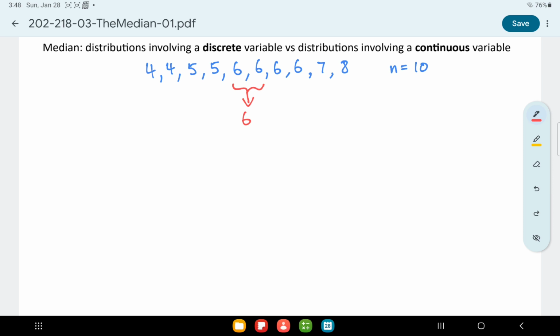Now, here's what's interesting. You need to make a note. This will only be true if the information, as the question indicates, is that these numbers are a discrete variable.